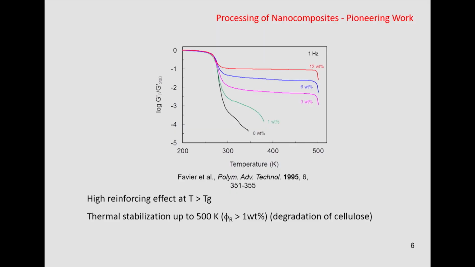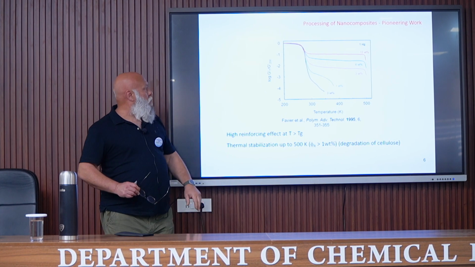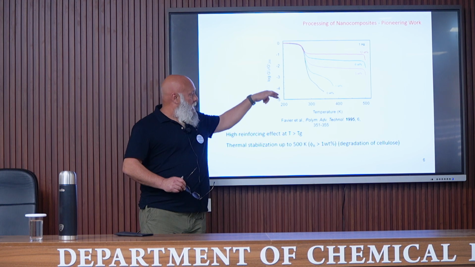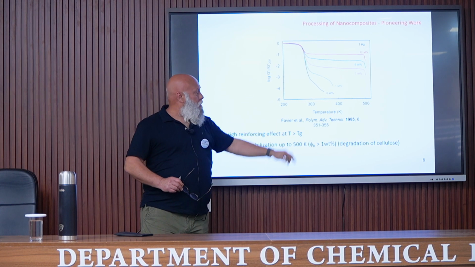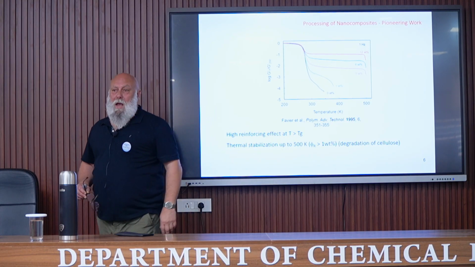Then these nanocomposites were characterized here by dynamic mechanical analysis. So you can see the evolution of the storage shear modulus, normalized at low temperature, as a function of temperature for the pure matrix. This is in black.